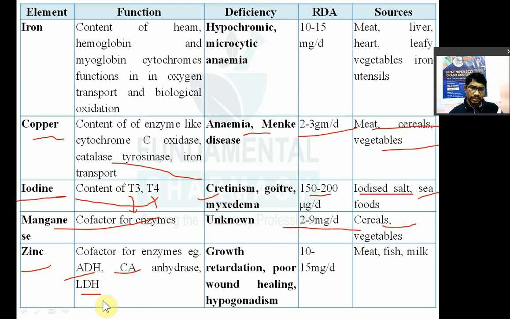Deficiency of zinc results in growth retardation, impaired wound healing and hypogonadism. Also zinc is very important for your immunity as well as your hormone synthesis, okay.